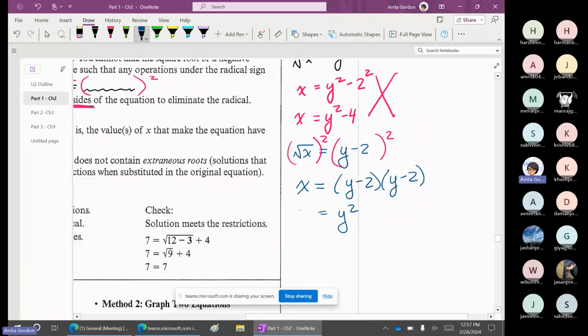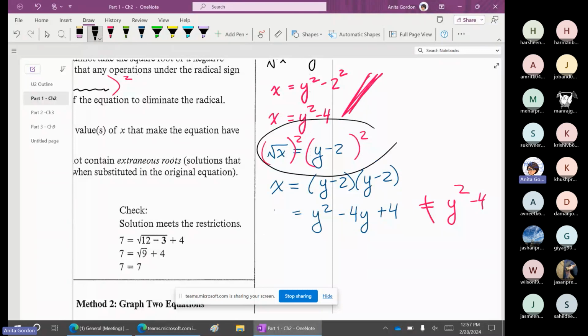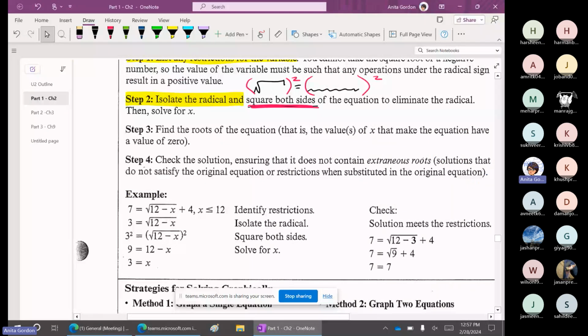So this is y squared minus 4y plus 4. Notice that this is not the same thing as y squared minus 4 as we got up here. So this is wrong. Do not do that. We are squaring everything on both sides of the equation. So first get the radical by itself and then square everything.